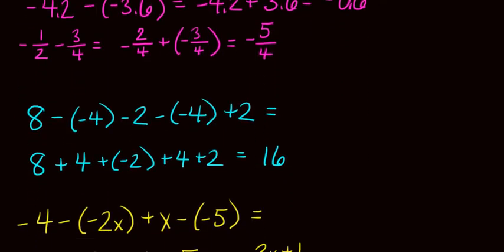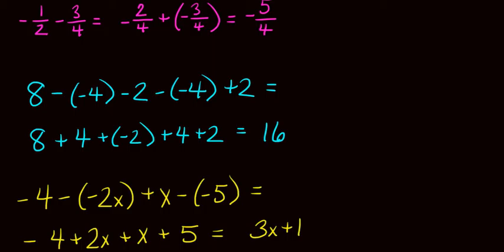Here's a couple more examples with more numbers. 8, take away negative 4, take away 2, take away negative 4, plus 2. We're going to apply the same principles to this.